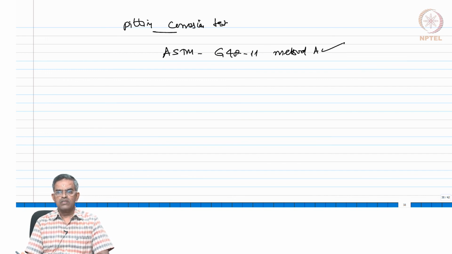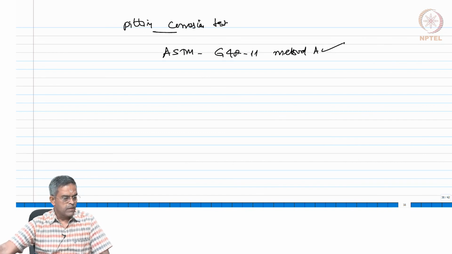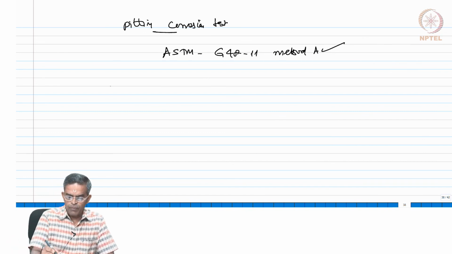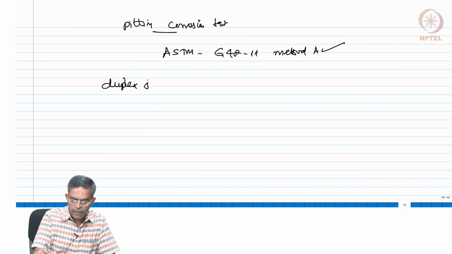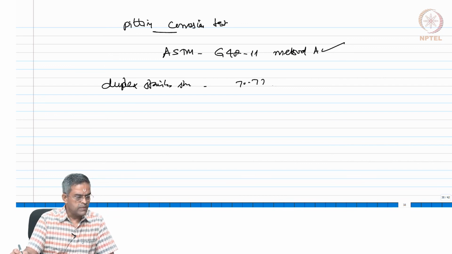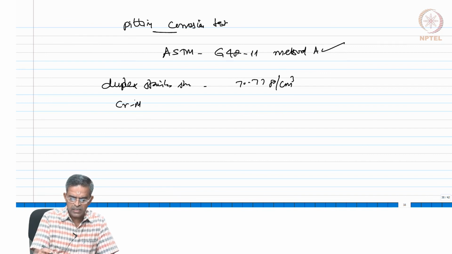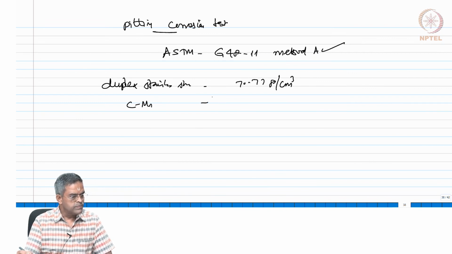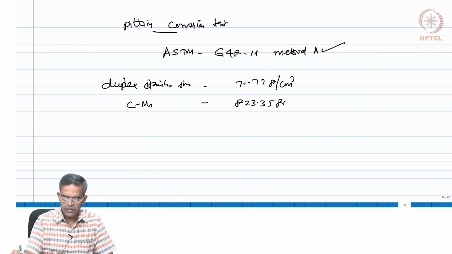An accelerated corrosion test was conducted for 24 hours. The corrosion rate is determined by change in weight and surface area. The corrosion rate obtained for duplex stainless steel is 70.77 grams per centimeter cube, and that for carbon manganese steel is 823.35 grams per centimeter square, this is surface area.